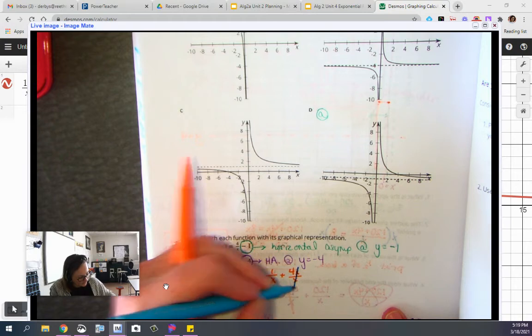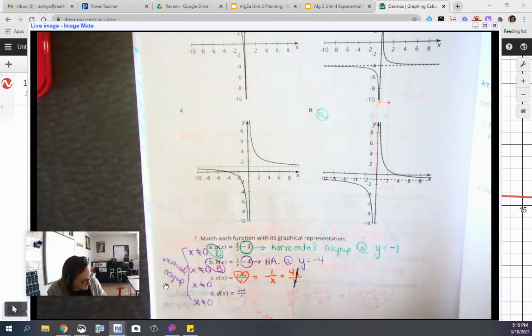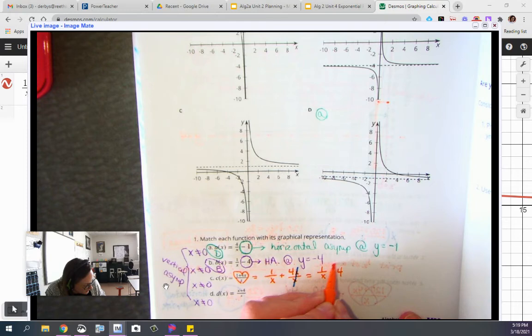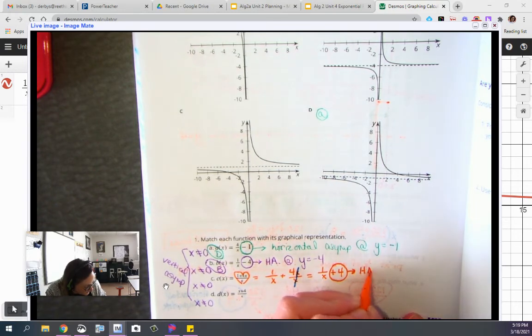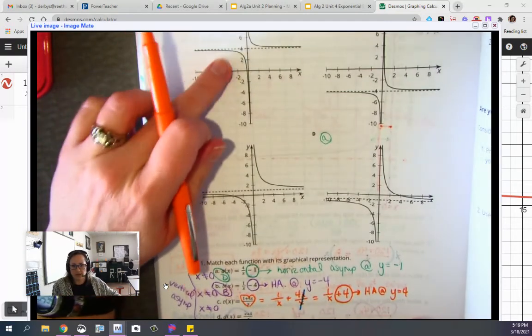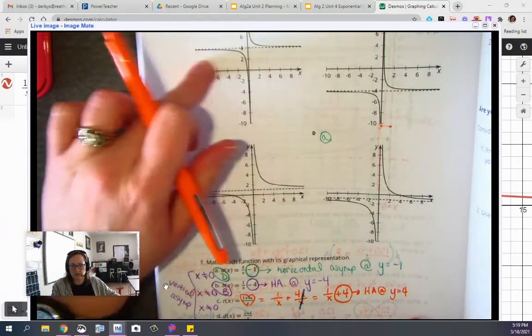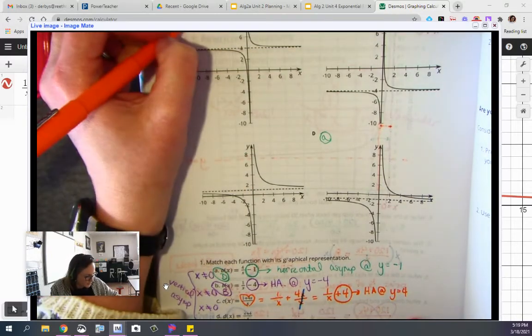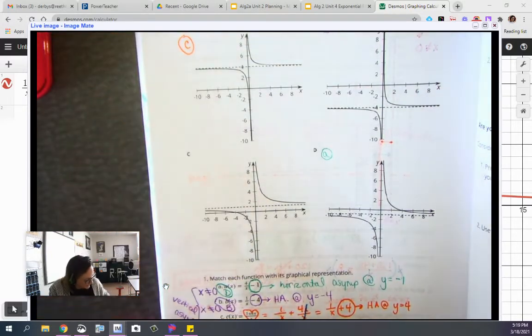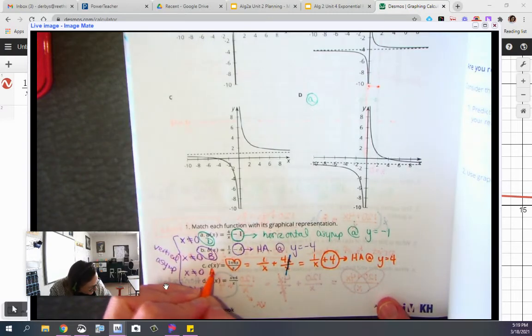Multiplying by x, dividing by x cancels out. 1 over x plus 4. Bazinga. Horizontal asymptote at y equals positive 4. And that is matching graph A. We already said that that horizontal line is going through there. So I'm going to put equation C up there, matching C with graph capital A.